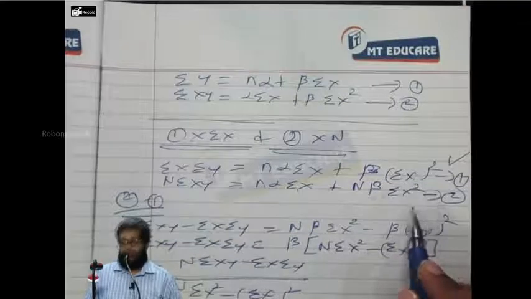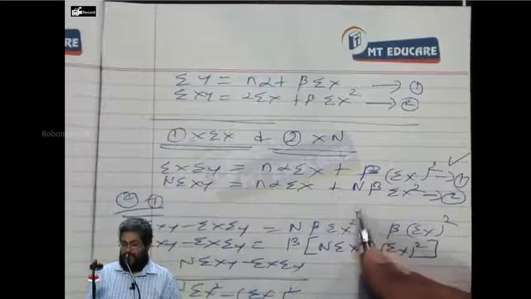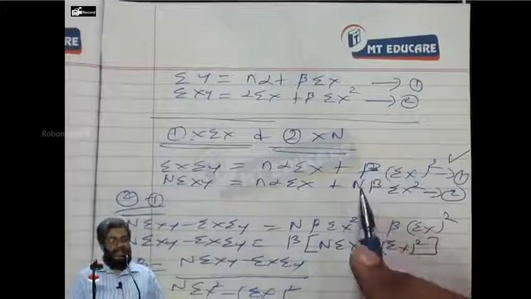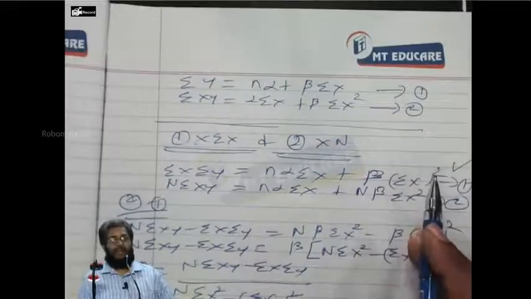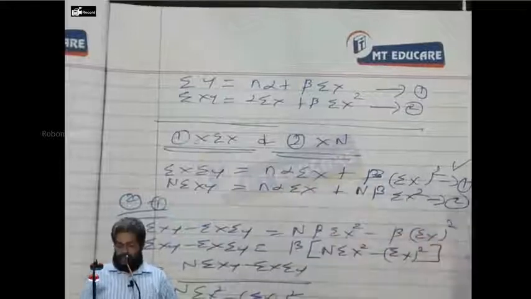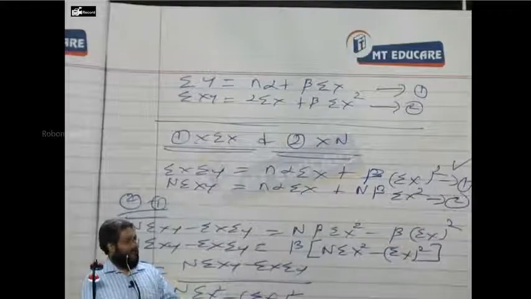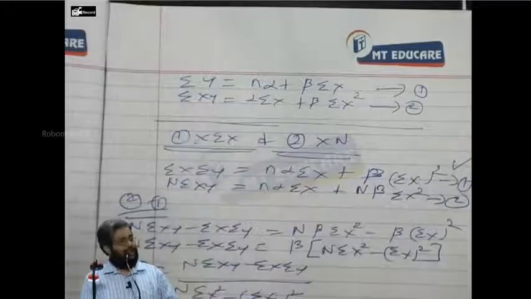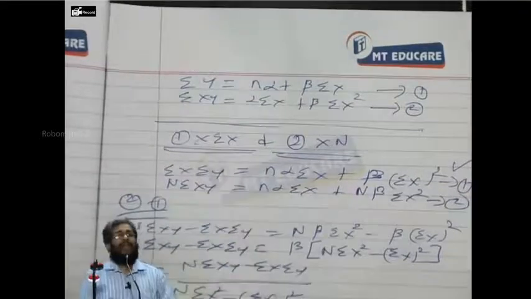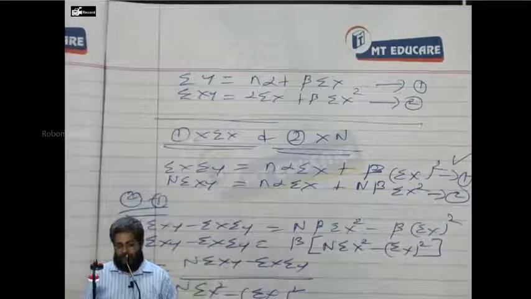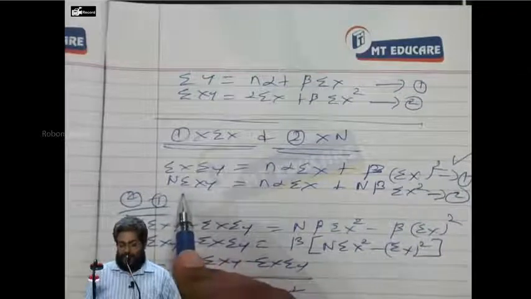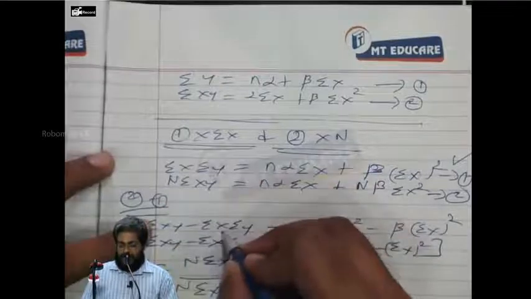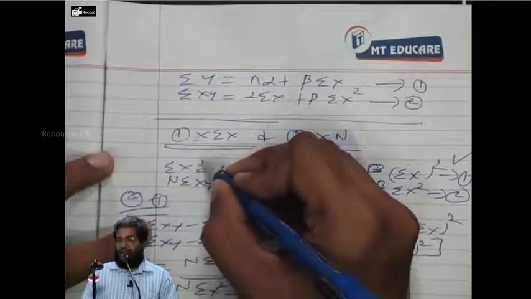Now 2 minus 1, I reduce 2 from 1. I hope you are understanding and writing 2 minus 1. What is 2 minus 1? N sigma xy minus sigma x sigma y. Equation 2 minus equation 1.